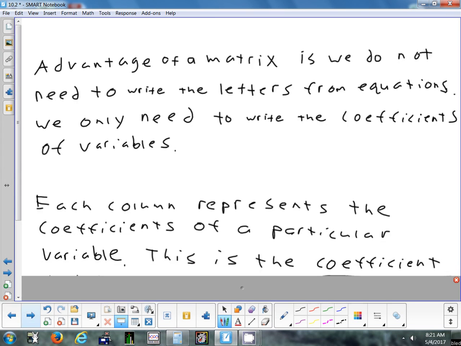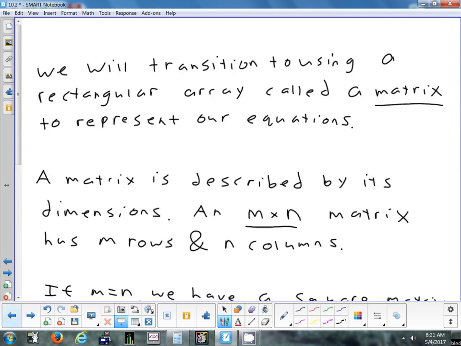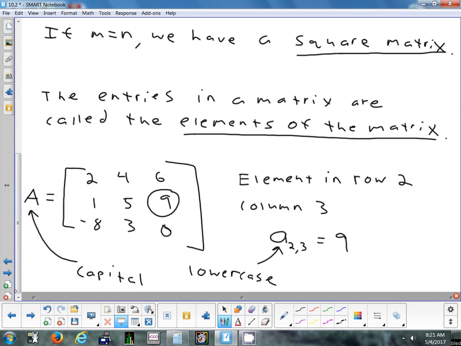When you write things in a matrix, each column has to represent the same letter. So in this matrix, these might be your x's, your middle column is your y's, and your last column is your z's. So this first row might represent 2x plus 4y plus 6z. Okay, and then x plus 5y plus 9z, negative 8x plus 3y.